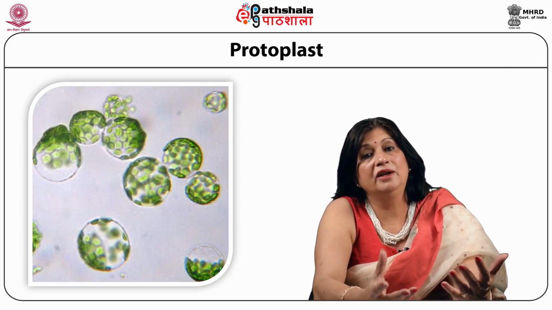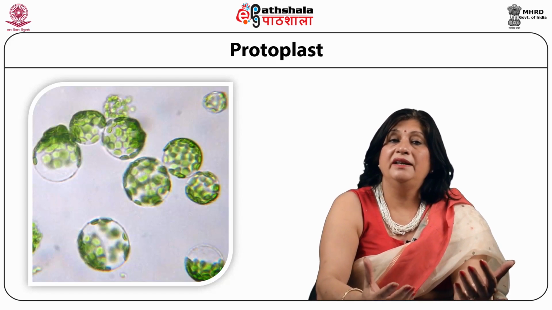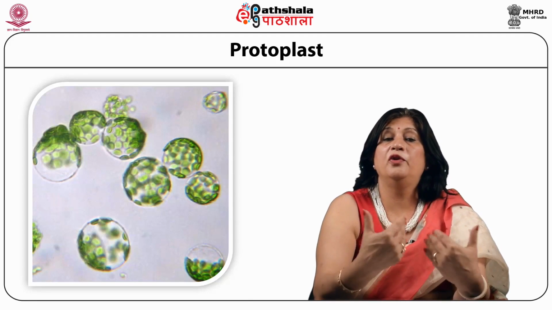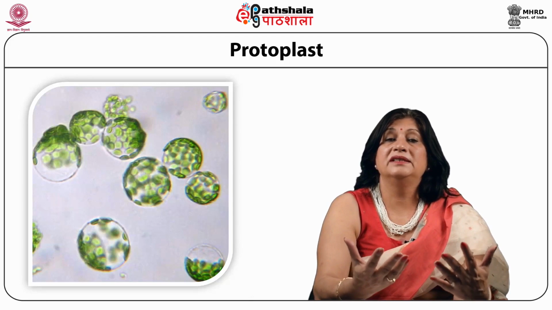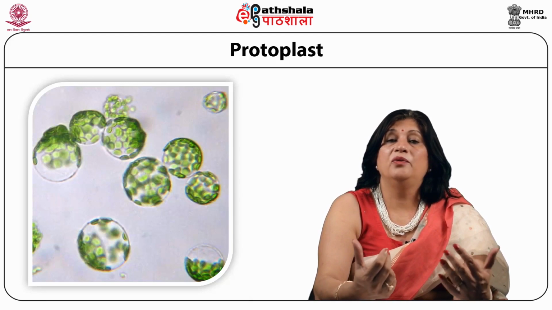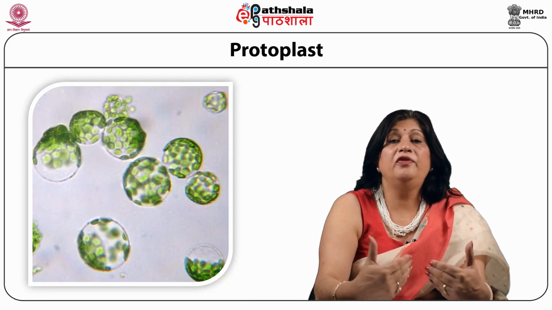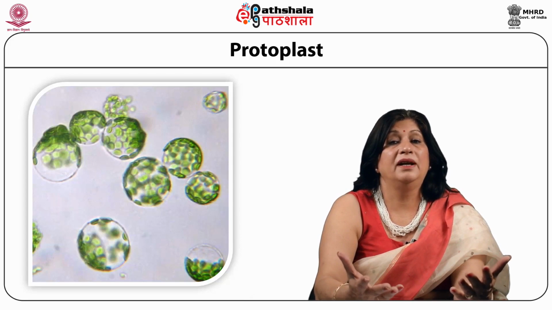It's a cell without any cell wall, which provides strength, but also in a way restricts inflow and outflow of material from the cytoplasm. But here there is an opportunity that once the cell wall is removed, there will be free flow of material from the cytoplasm as well.